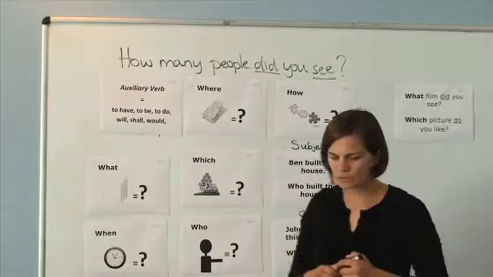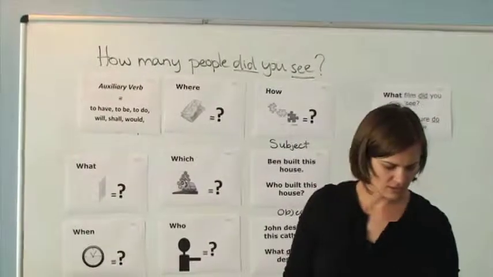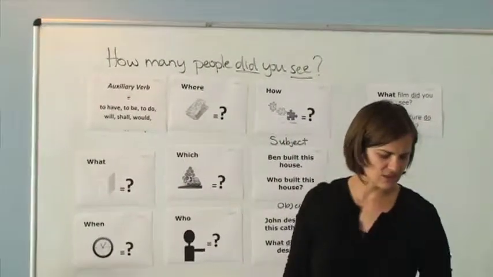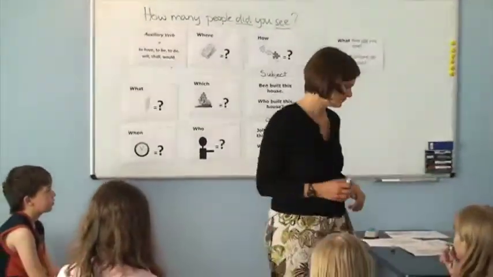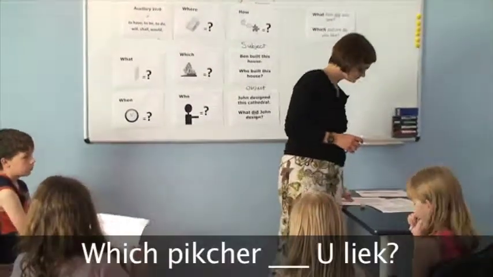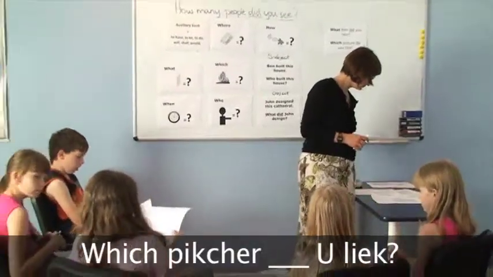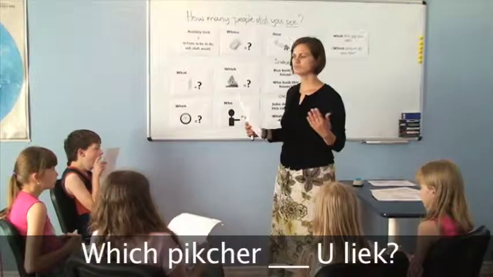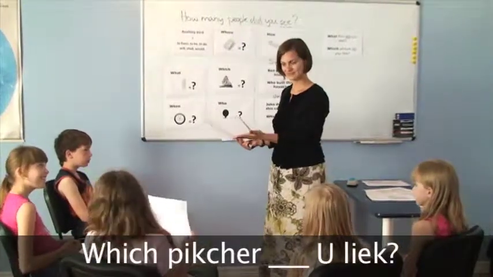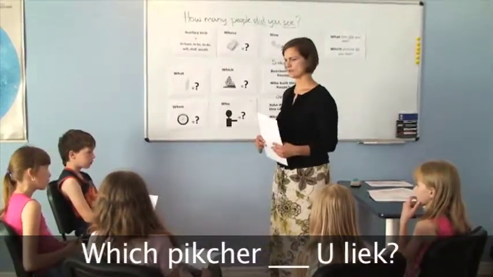Okay? So what we're going to do is fill in our activities using some of our auxiliaries. Let's read the second one together. Which picture you like? What's missing? Is that right if I say that?